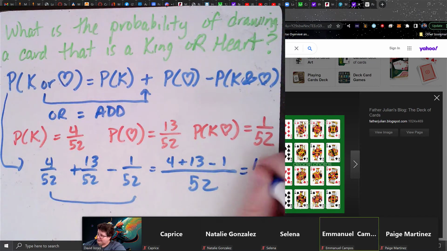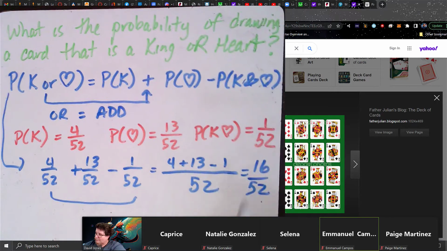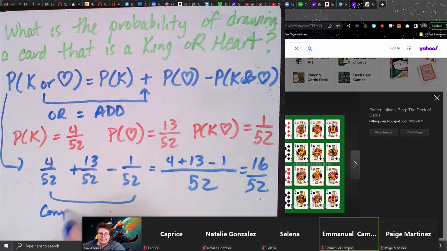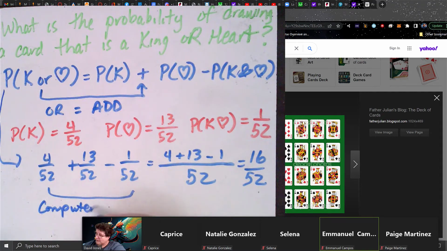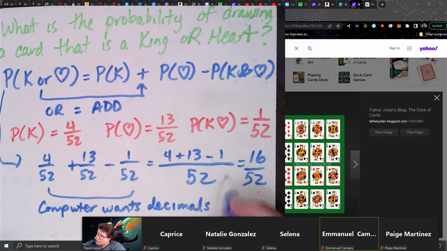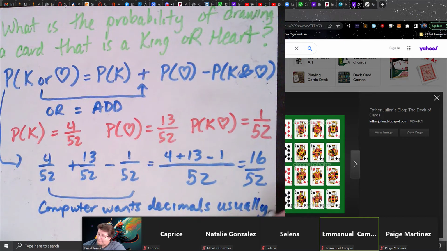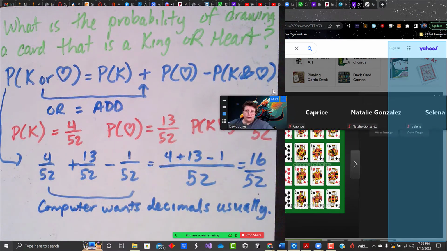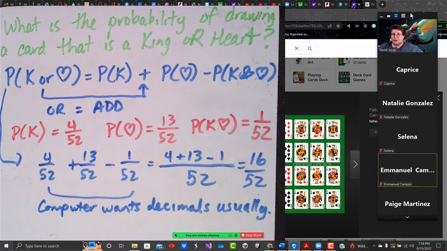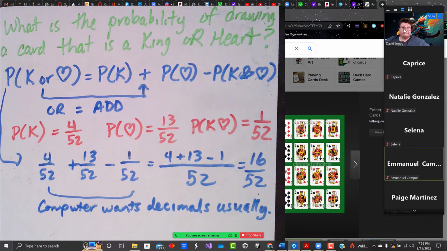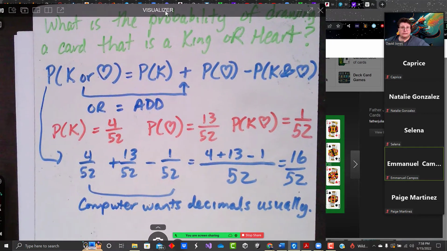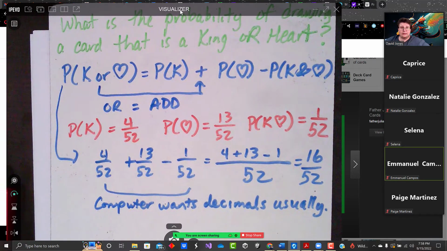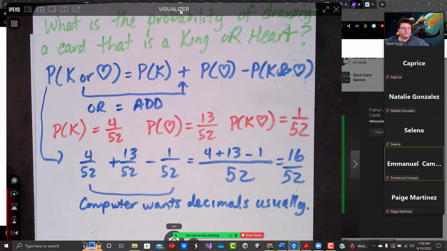That ends up being 16 over 52. And more than likely, the computer will want a decimal answer. Usually. Every once in a while, it says, I want fractions. So you've got to read carefully. That's an example of what you can expect to see on the homework.